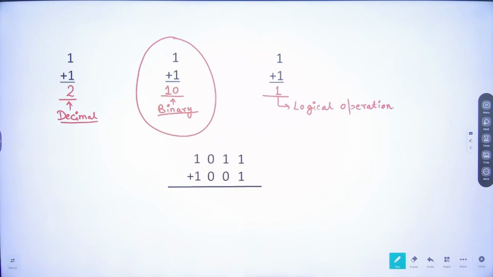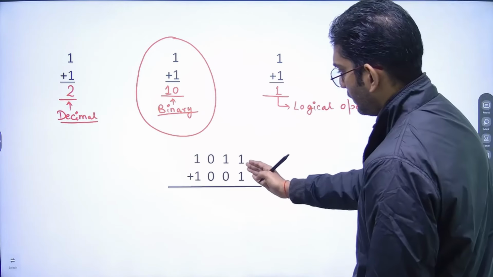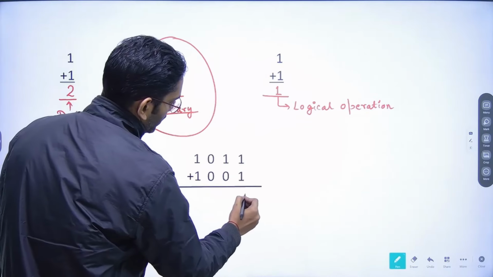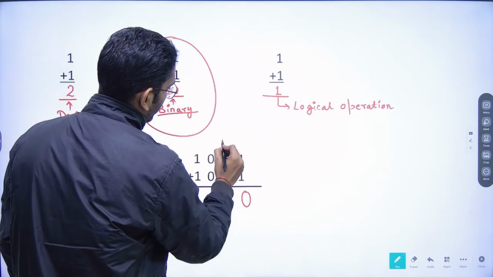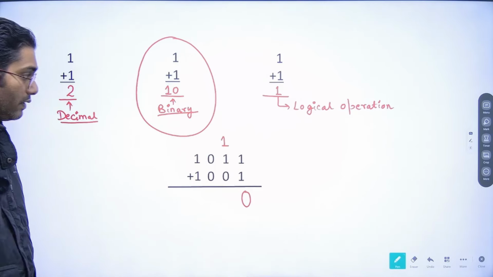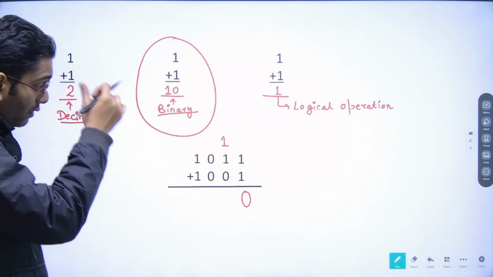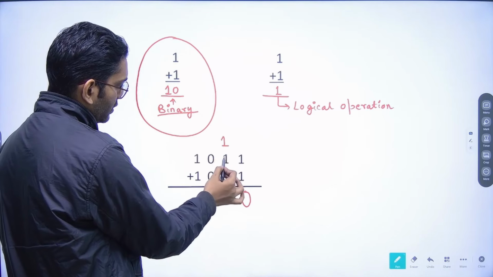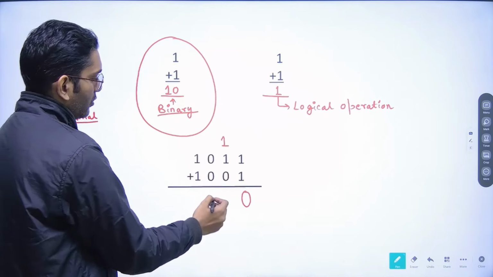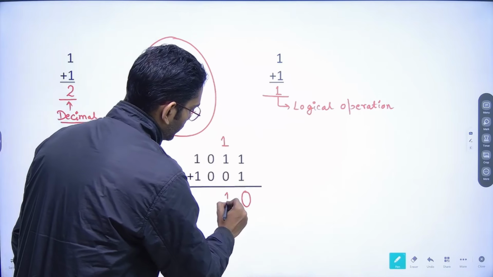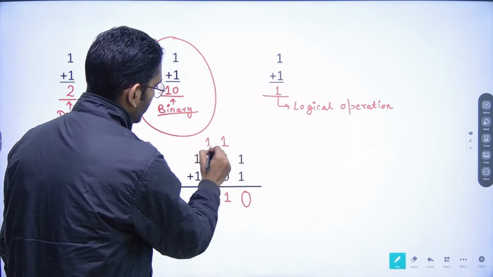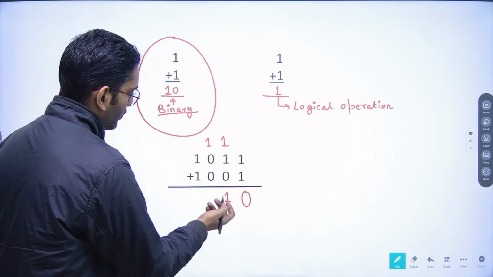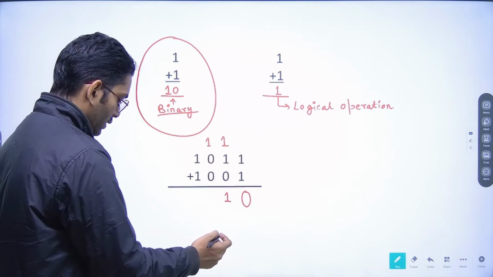When we do 1 plus 1, we get 10, so 0 would be here and 1 would be carried forward. Now when we perform the next 1 plus 1 plus 0, we would get double 1.